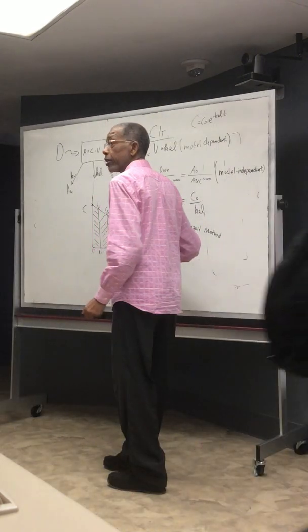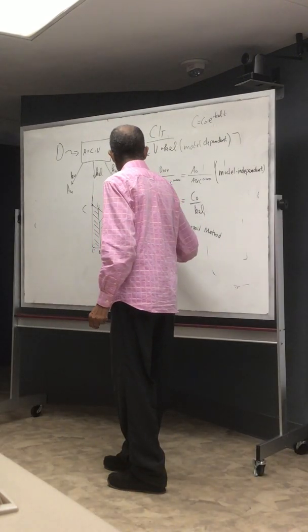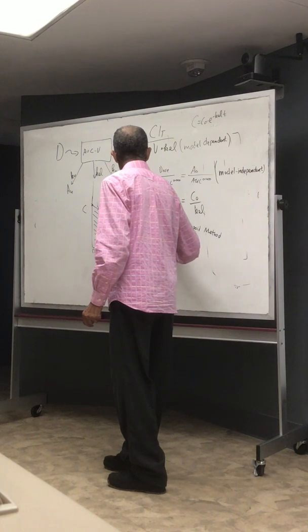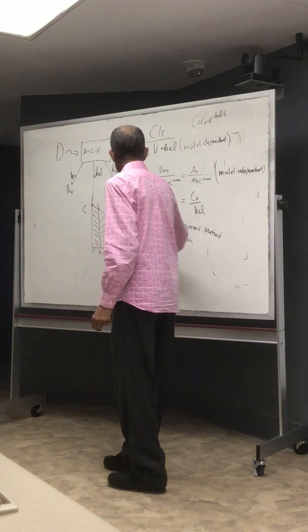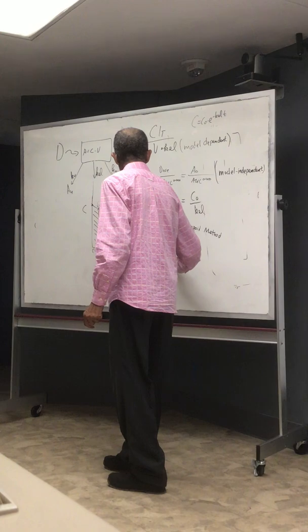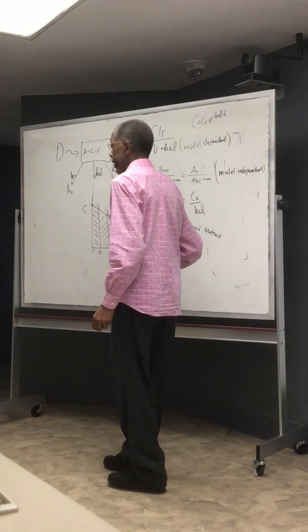The residual area is just equal to whatever that final concentration here is, Cx, divided by KEL. That's the residual area.